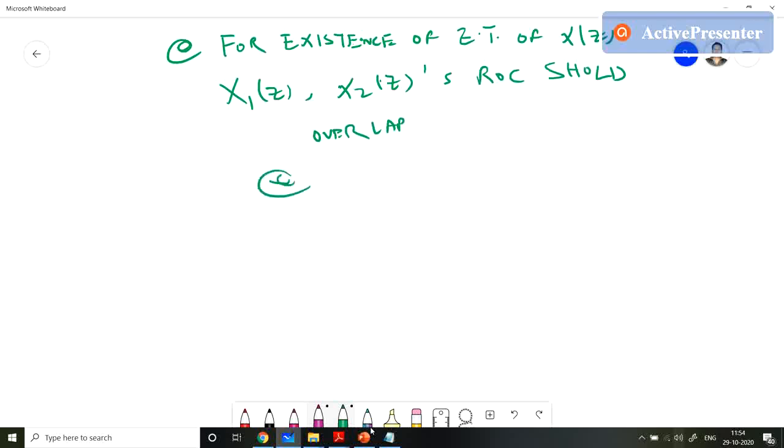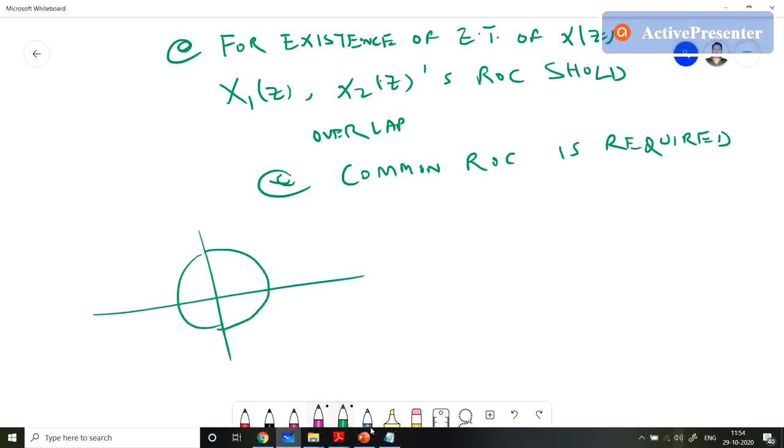So it means a common ROC is required. If we just look at the ROCs, we have a circle of radius 1/3, which is the causal one, and another circle of radius 1/2.